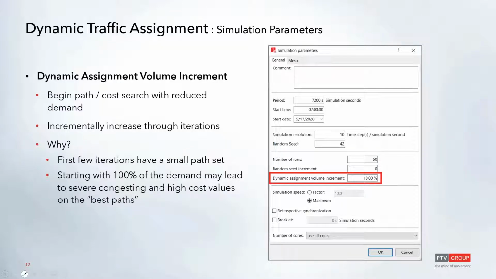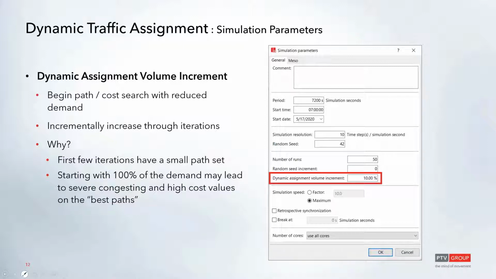And then lastly, we'll take a look at the dynamic assignment volume increment parameter. Essentially, this will allow us to begin our path and cost search process with a reduced demand and then increase this throughout the iterations.